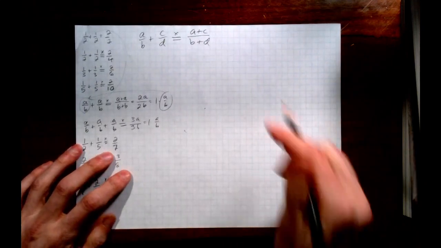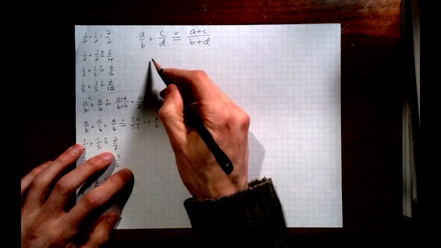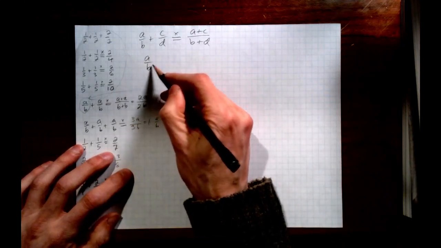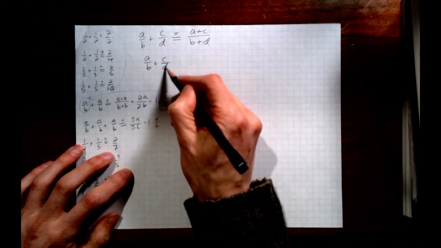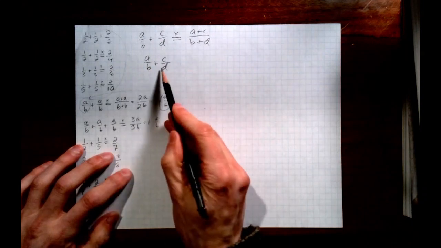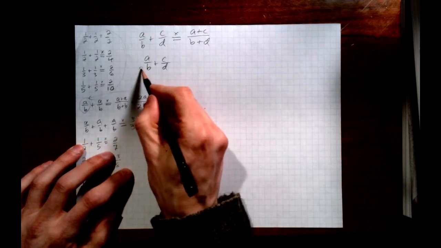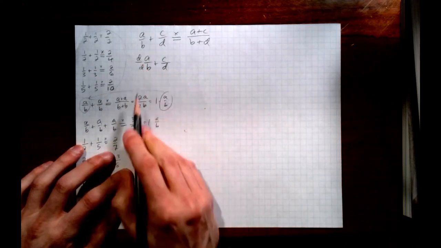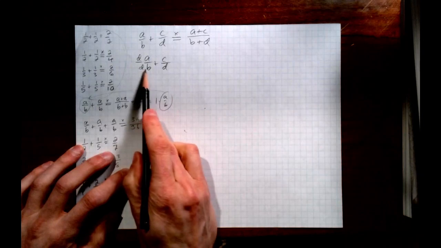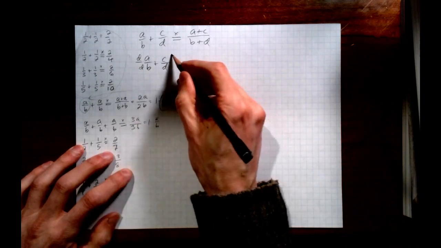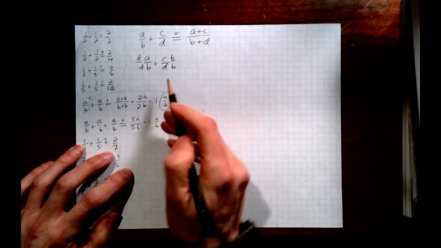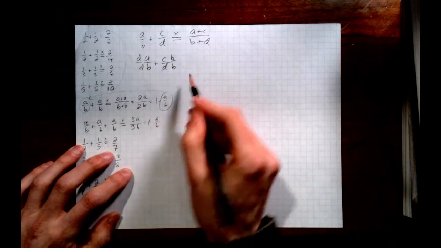Let's compare that with the way you're supposed to do it. So back to a over b plus c over d. We need like denominators. I don't know what these are, so I'm just going to multiply this side times d over d, right? So I have a db in the denominator, and then I'm going to multiply this side times b over b. So I also have a db in the denominator.